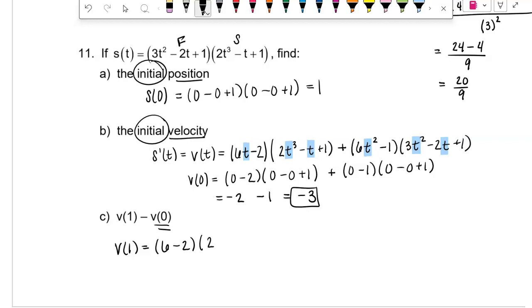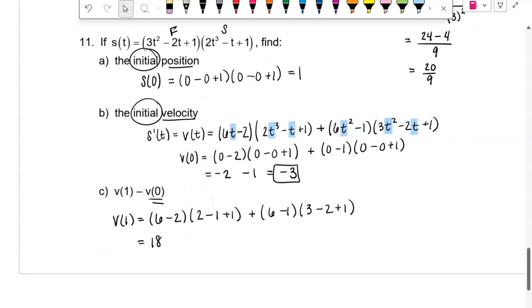And then you've got 2 minus 1 plus 1. So you've got 4 times 2, which is 8. And then we've got plus 6 minus 1, 5 times 3 minus 2 plus 1, which is 2. So we've got 18 as our answer for v of 1.